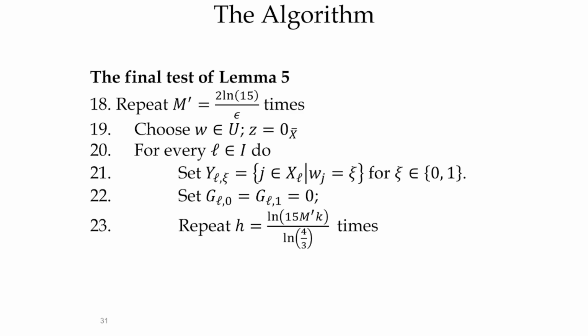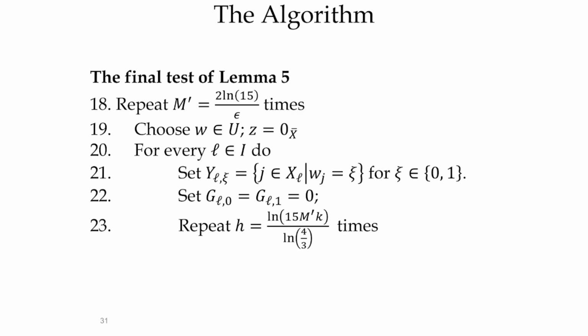So this is the last section of the algorithm. And here we have two loops. An external loop in line 18, which is repeated mtag number of times. Mtag is equal to this number over here, 2 ln 15 divided by epsilon. We will get this number later on. Inside all of this section, we want to build this vector z in the same way I explained earlier, uniformly.